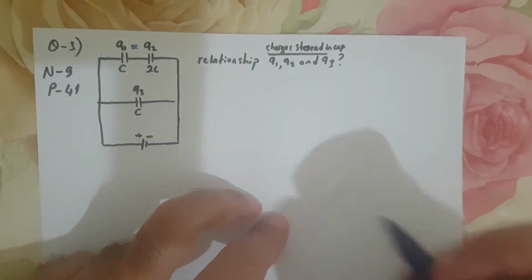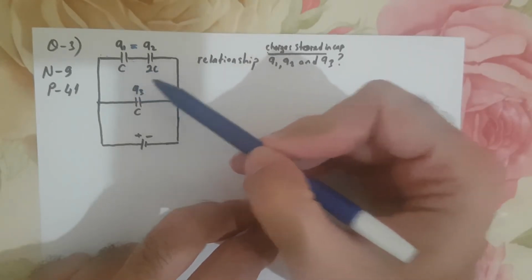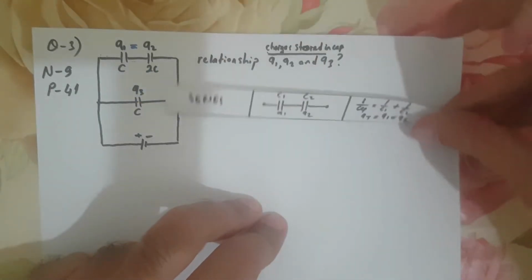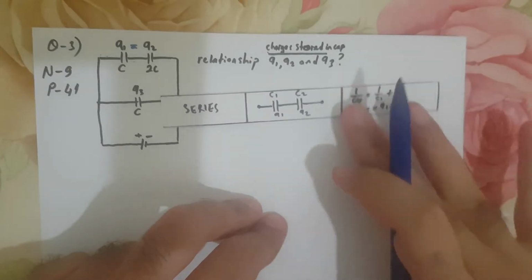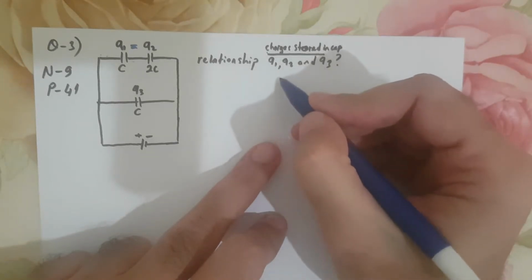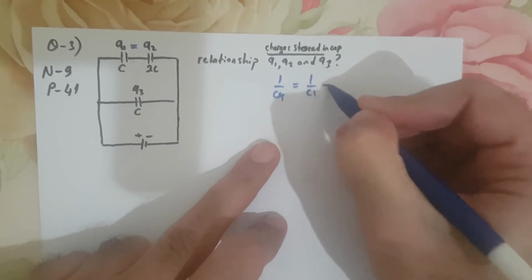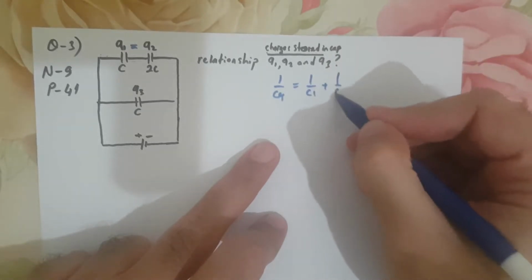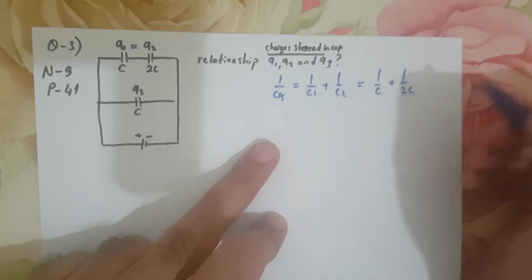Okay, what's next? We have to find the C equivalent for series combination. Again, what's that? 1 over C equivalent is equal to 1 over C1 plus 1 over C2. So let's write that for the C equivalent between C1 and C2: it is equal to 1 over C plus 1 over 2C.